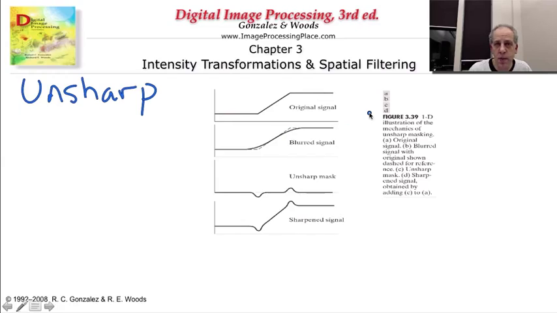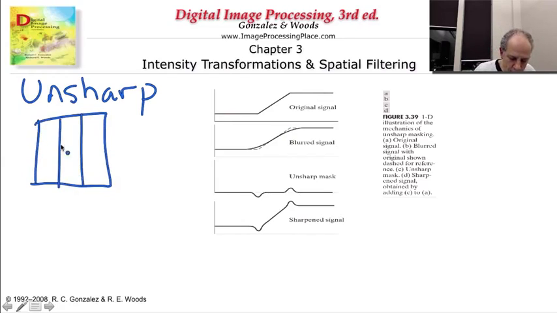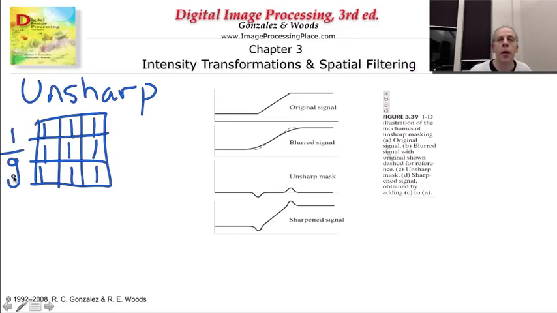For example, how can we smooth an image? We already know many ways of doing that. One of them is by doing local averages. So that corresponds to a mask which is all ones, times 1/9, just to normalize. We do that, and then we subtract the blurred image from the original.